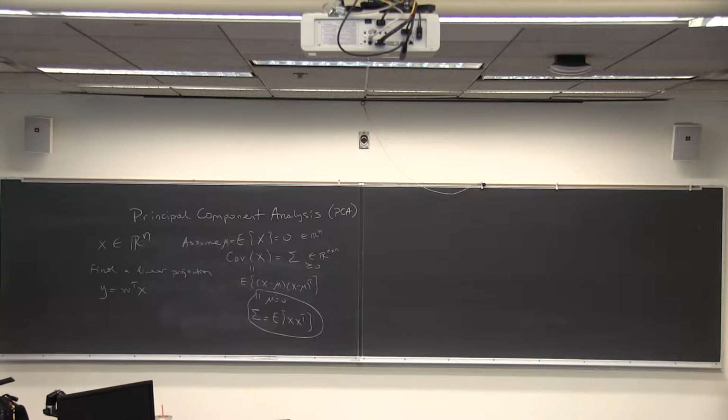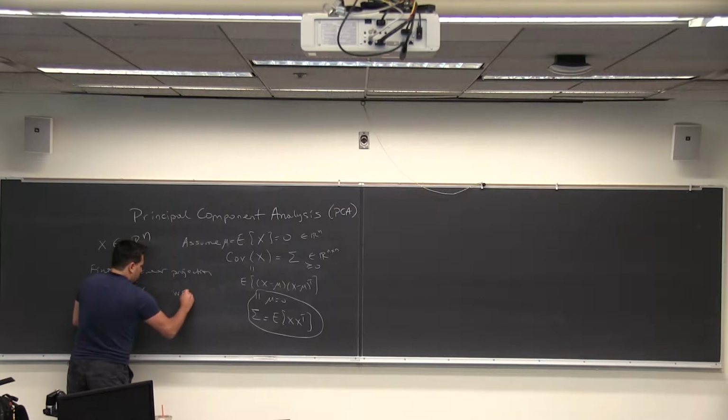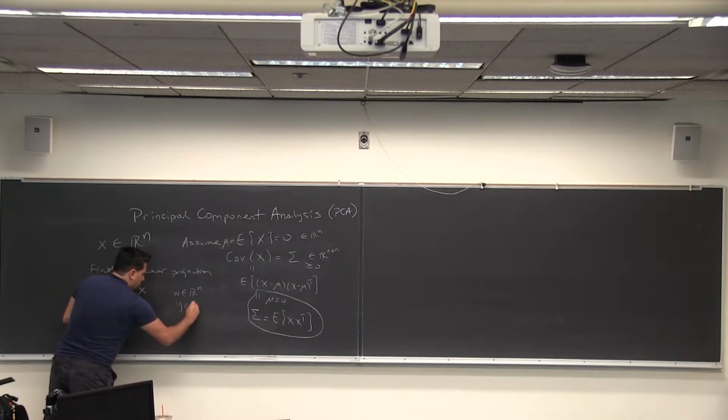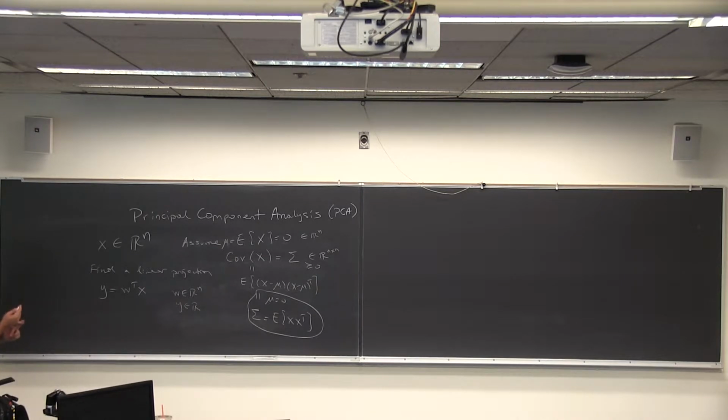So I need to find a vector w such that when I project x onto this vector, the resulting random variable y, right? So w is my parameter vector, that's n-dimensional. y is a real valued scalar random variable. I'm interested in making the variance of this variable maximum.